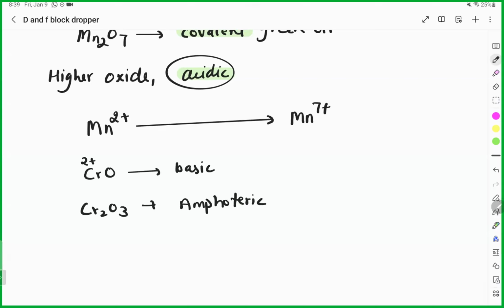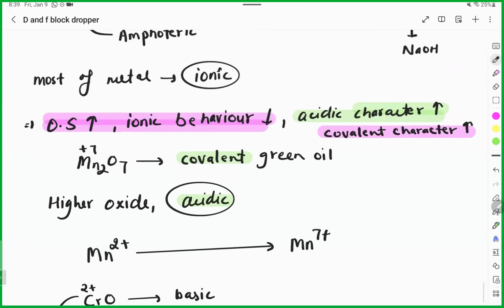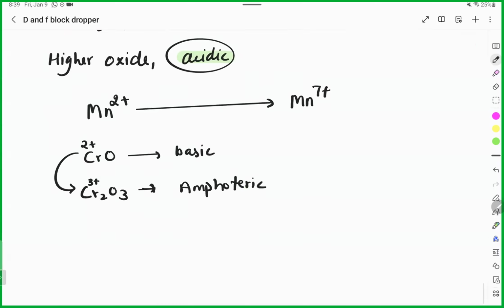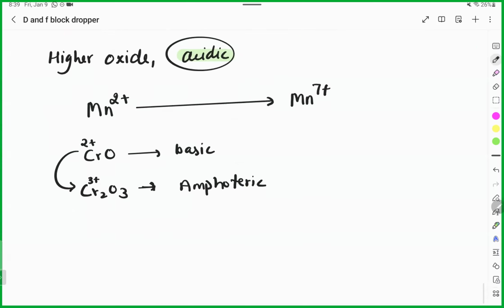So what is happening? Basic character is reducing, acidic character is increasing. Make sense? Because here it is +3. So when chromium goes from +2 to +3, basic character decreases and acidic character increases. This rule is still applicable.